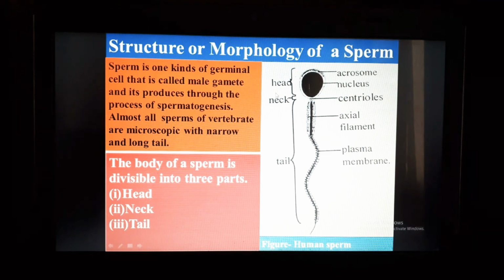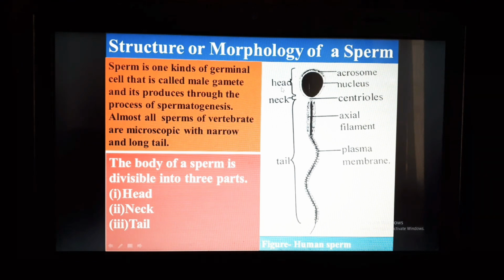First of all, we describe the head of the sperm. The constricted, narrow and short structure of sperm behind the head is called neck. And the last part of the sperm is called tail. First of all, the head.